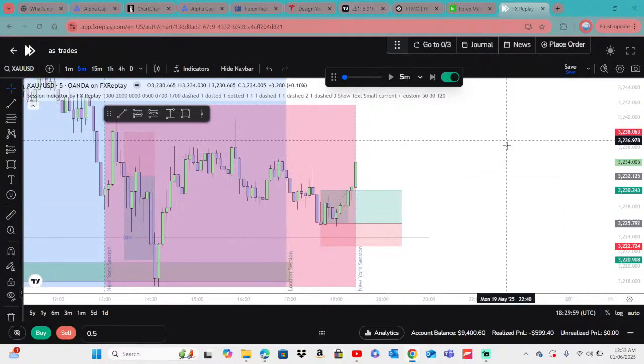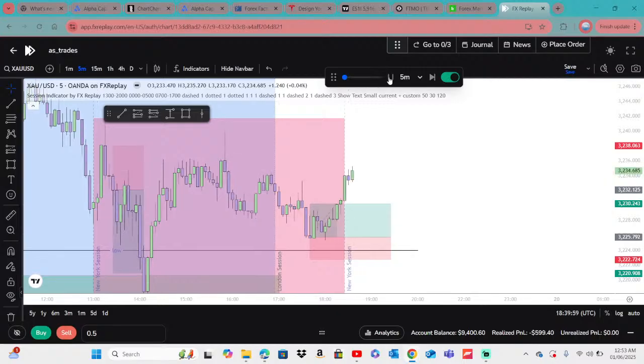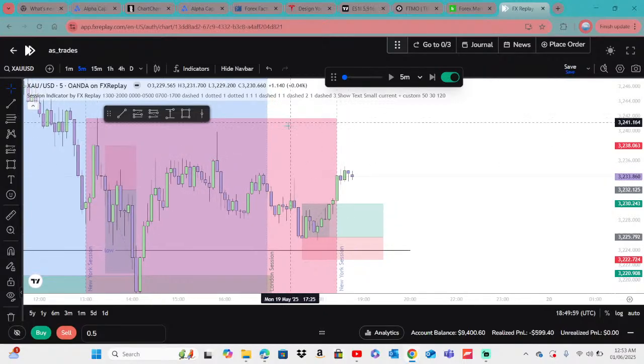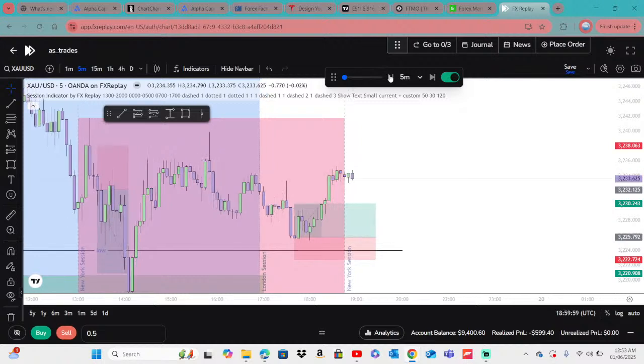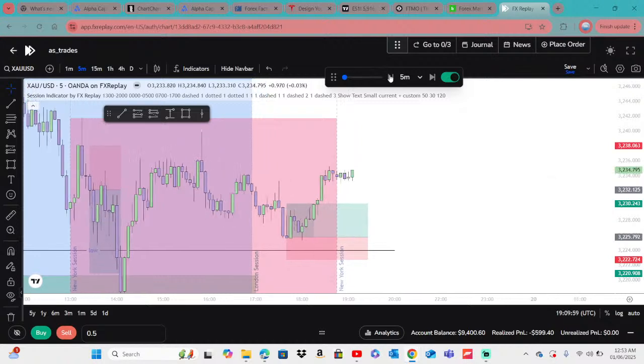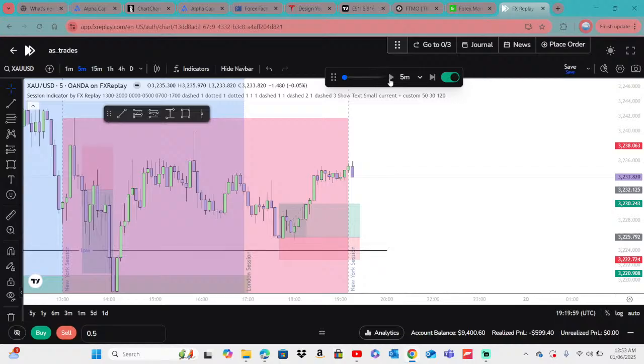Let's just see how far up it would go before... Will it take out? Maybe, okay, it might take this out. There we go, tapped into the order block.